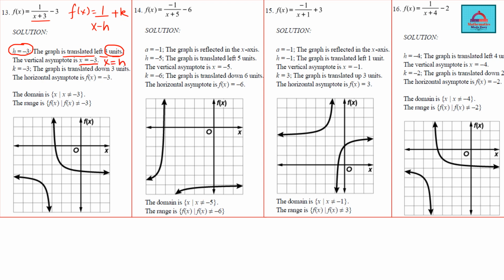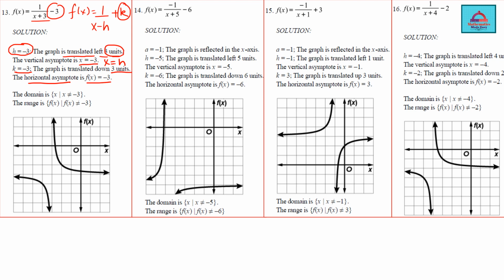Then we compare the value of k: k is going to be -3. So the graph is translated down, and the horizontal asymptote is at this value of k. Remember, your value of h gives you the vertical asymptote, and your value of k gives you the horizontal asymptote.